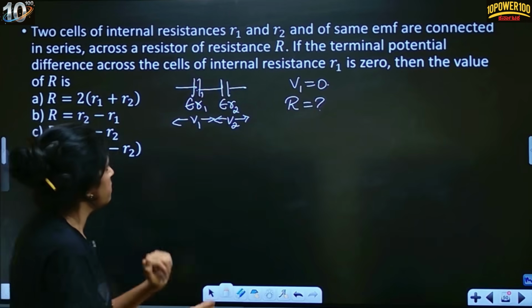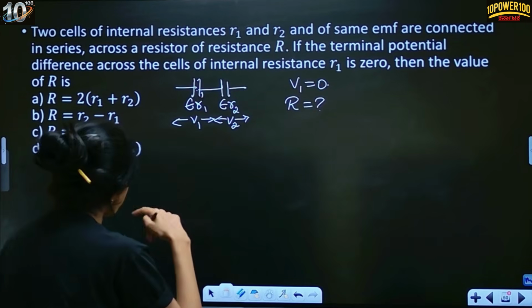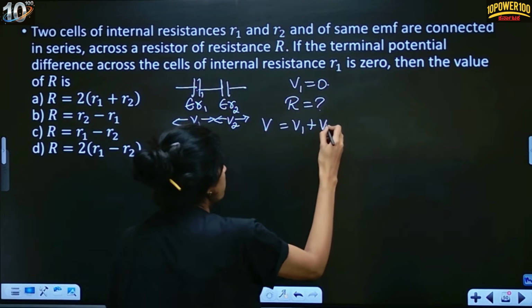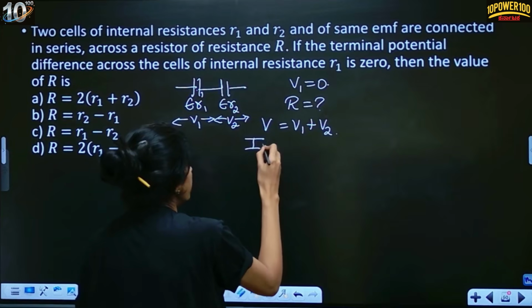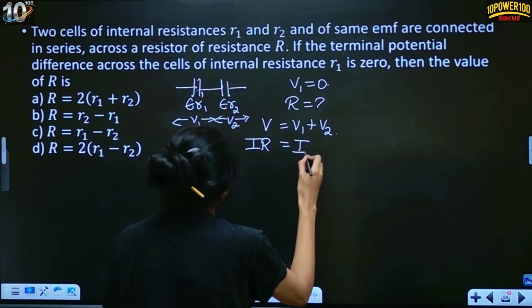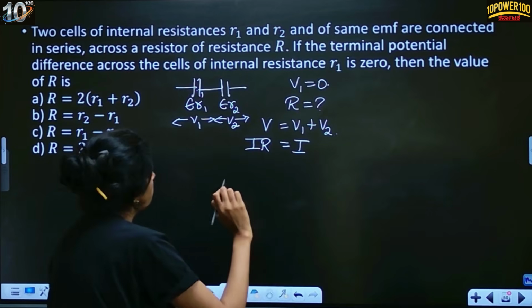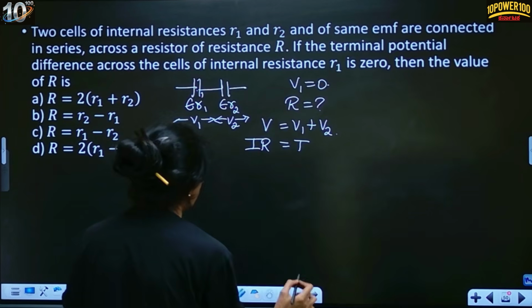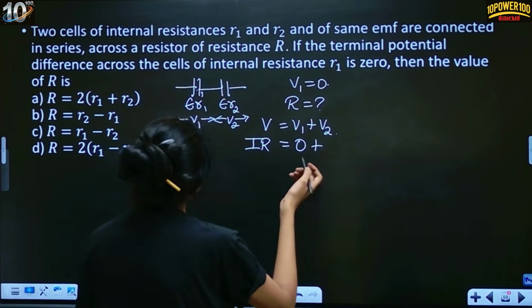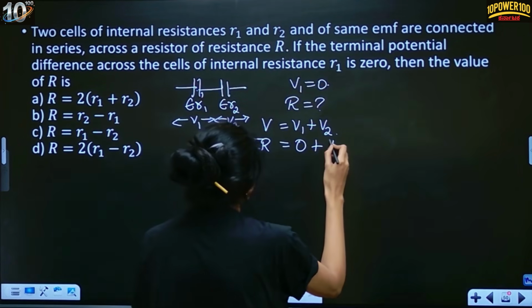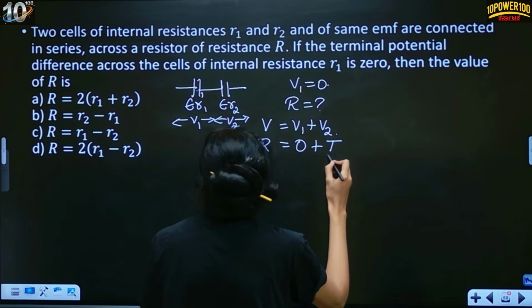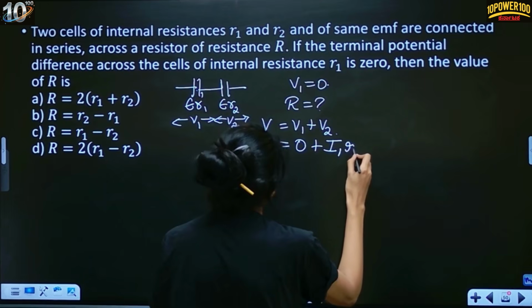Since they're connected in series, we know that the current will be the same, but the voltage gets divided. V equals V1 plus V2. So for the total voltage I'll write IR equals V1 plus V2, where V1 is 0 and V2 is I times R2.